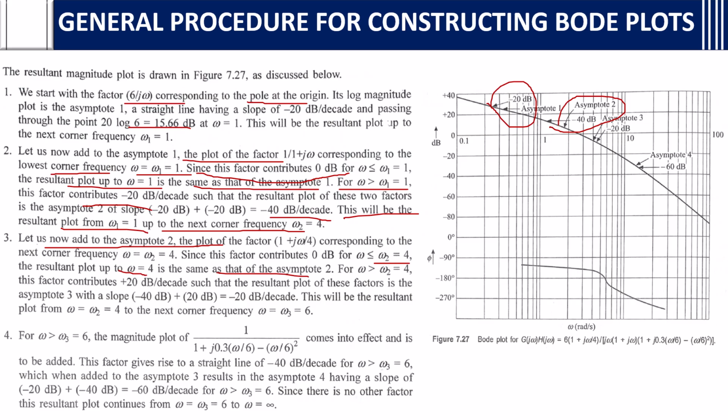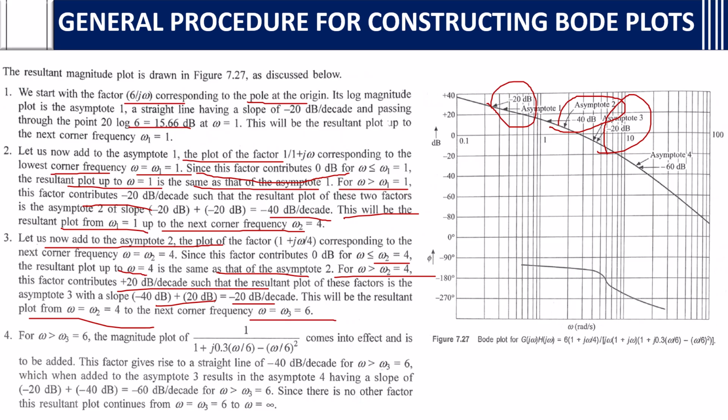When omega is greater than omega 2, plus 20 dB will be there. So minus 40 combined with plus 20, you are left with minus 20 dB at asymptote 3. This will be the resultant plot from the corner frequency 4 till the next corner frequency, that is 6.